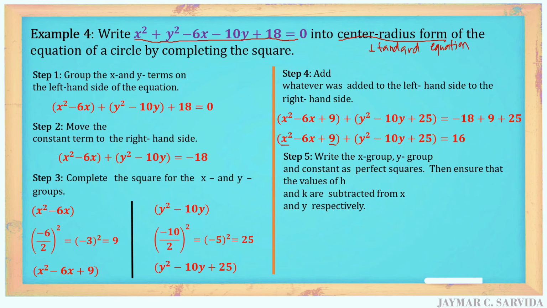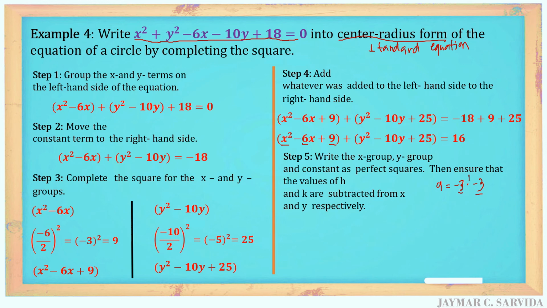Okay, so ano ba yung factors ng ating constant na 9 na kapag inadd mo, ang sagot ay negative 6? Okay, so ang factors ni 9, dito ko na lang ilalagay. Kapag inadd mo, ang sagot ay negative 6 ay negative 3 times negative 3, di ba? Negative 3 times negative 3 is positive 9.